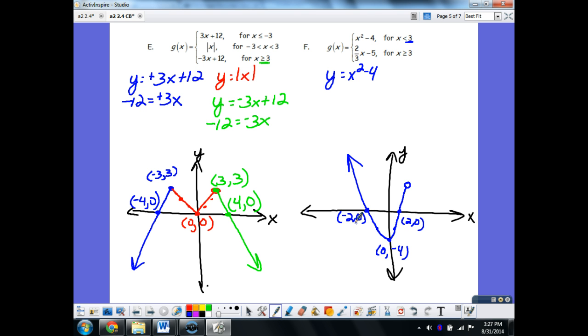Okay? Now, the second part we'll graph in red, only a two-color problem this time. And that's the line y equals 2/3 x minus 5. And once again, we're going to start with 3. This is going to be a closed circle this time. 2/3 times 3 is 6/3, so 6 over 3 is 2. 2 minus 5 is negative 3. So at 3, we're down here at negative 3.